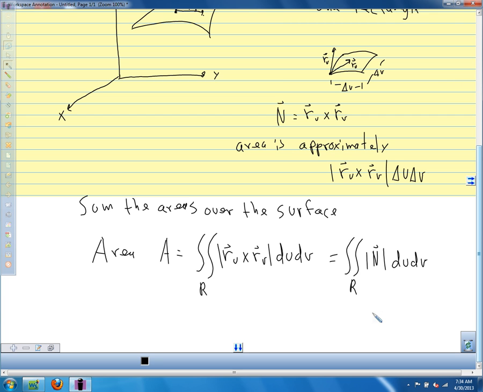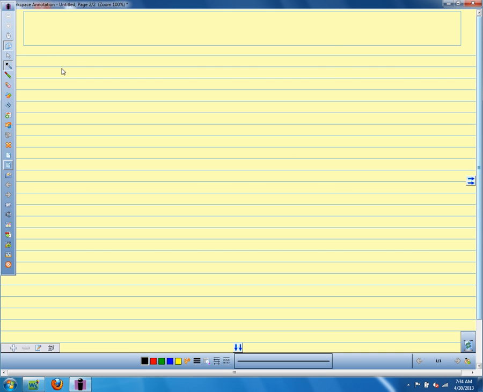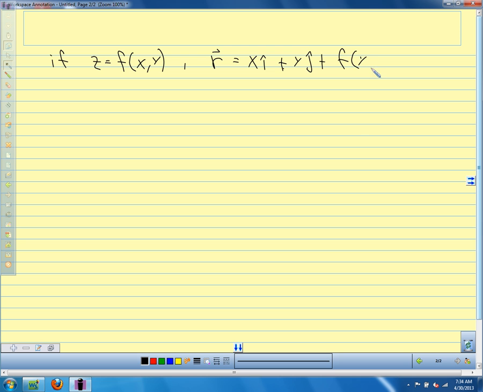If we have our surface represented in terms of rectangular coordinates, so if we have z equals f of x, y, then our position vector, our parametric representation of our surface, is xi plus yj plus f of x, y k.